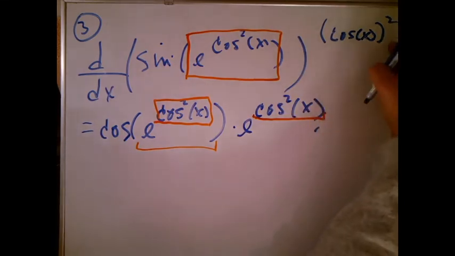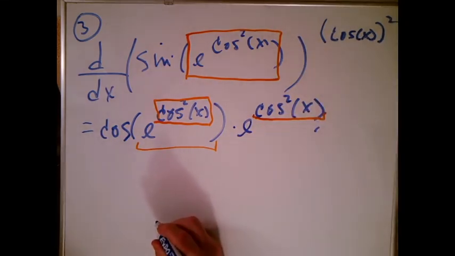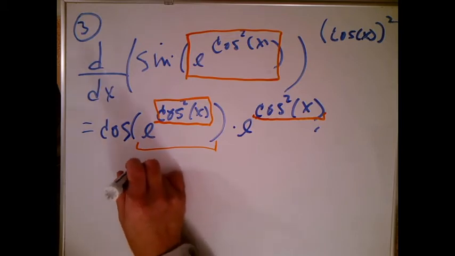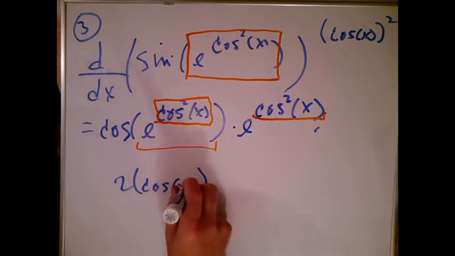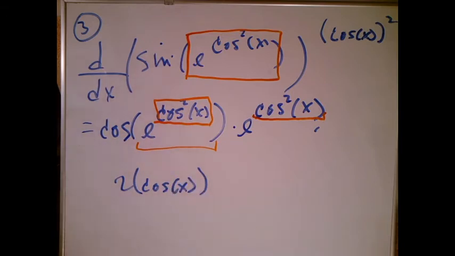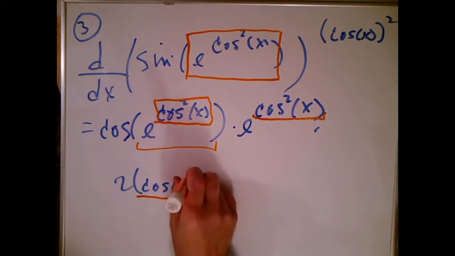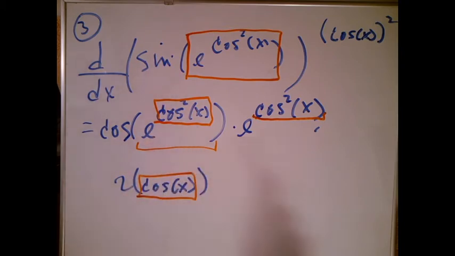And you can see that it's actually just blob squared. So the derivative of that blob squared is going to be 2 times blob. And you can see that my blob keeps getting smaller. I now need to multiply by the derivative of that.